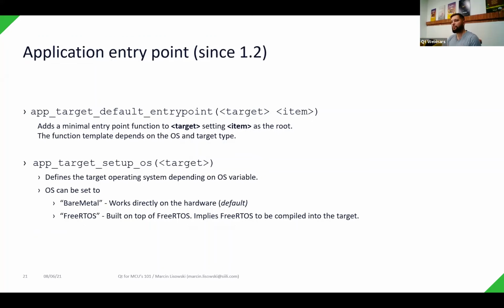So to define the default application entry point, you can use the set of app underscore functions or macros. The first of those is the app target default entry point, and this is tying up the target, so your application, together with the root item, so with the root QML file that will be the start of your application UI.